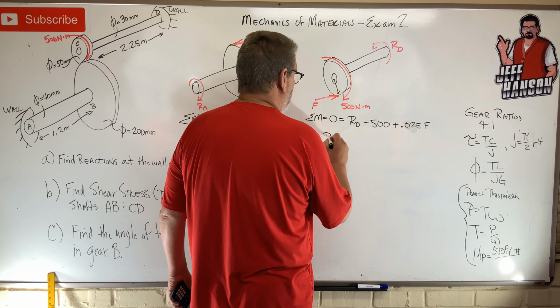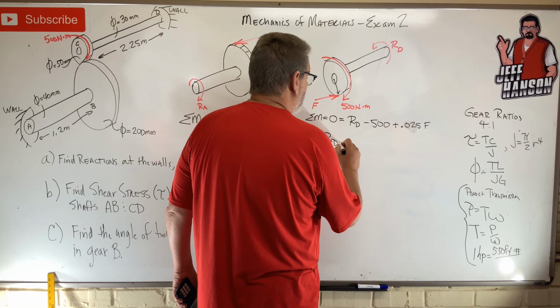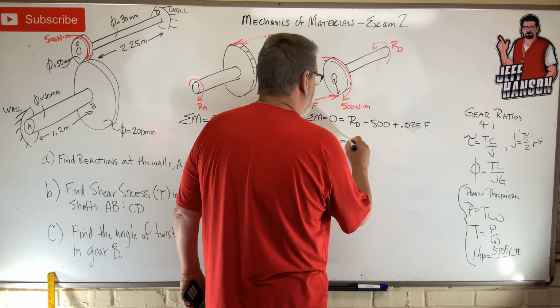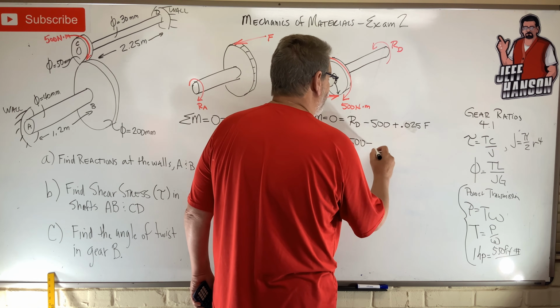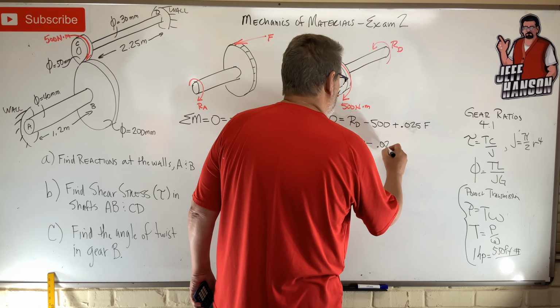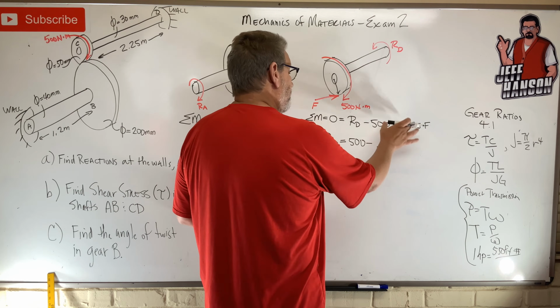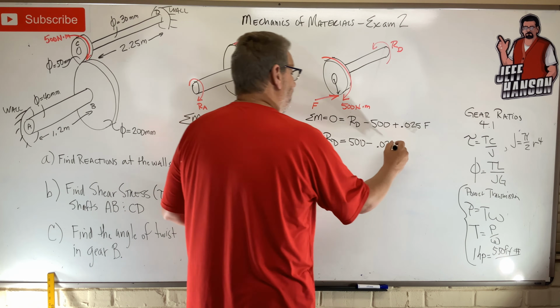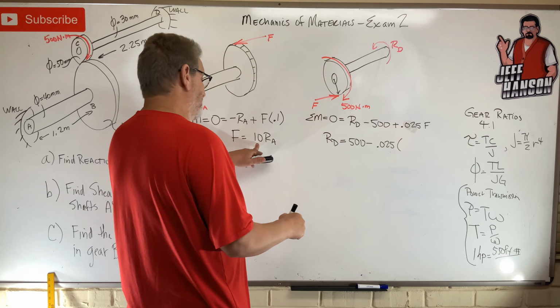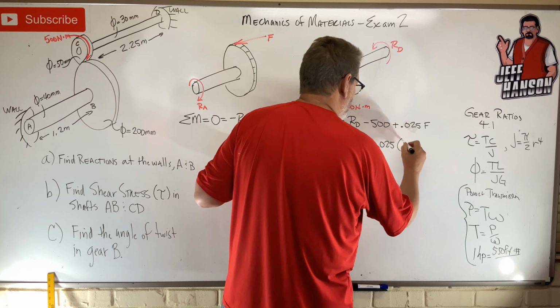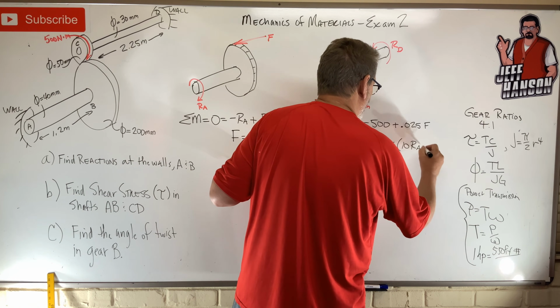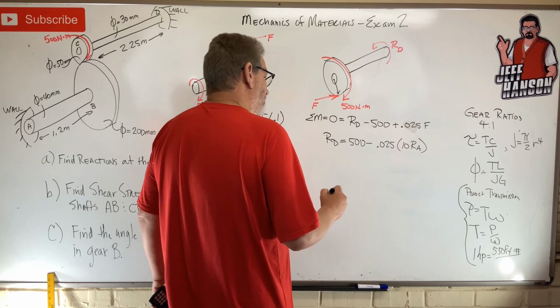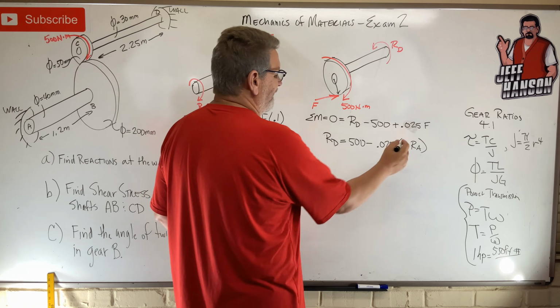Let's go over here now and substitute F in for over there. So we get RD is equal to 500 minus 0.025, I just moved this stuff to the other side, times F, which is 10 RA. And so, we can do this, can't we?